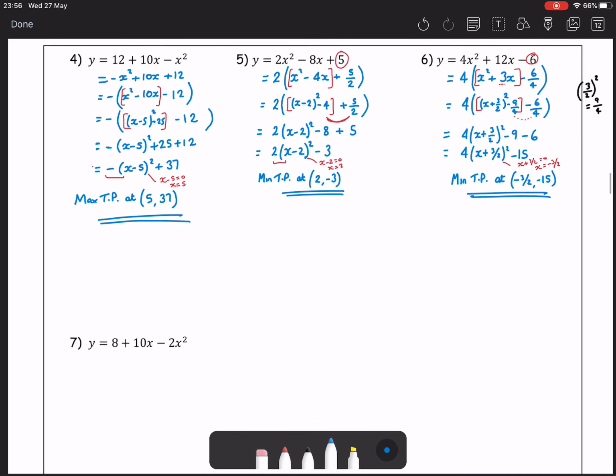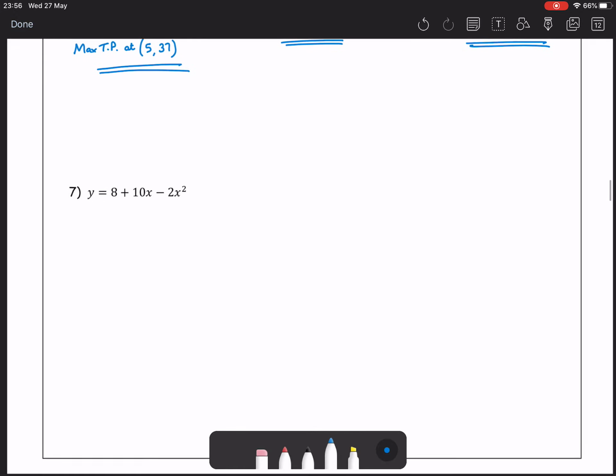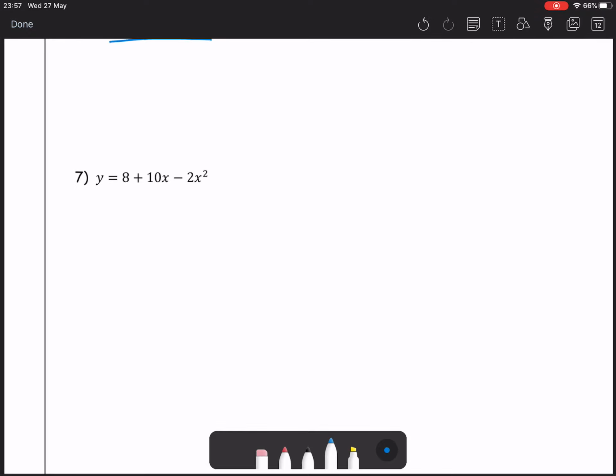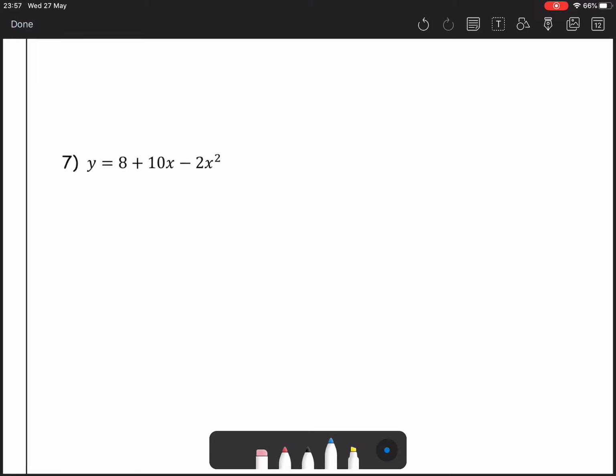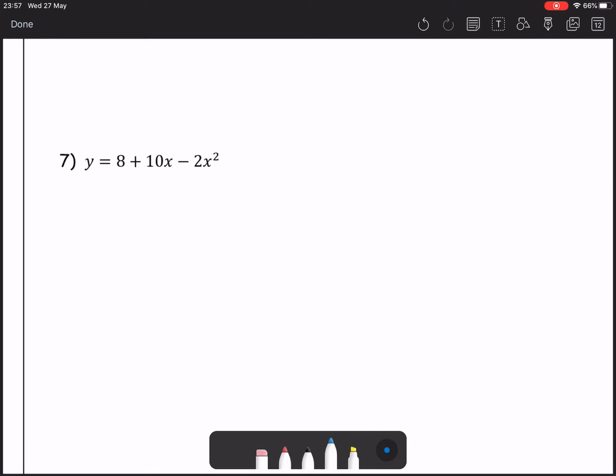Okay, and final example, we've got a combination. We've got a negative x squared and we've also got a coefficient of 2. So I'm going to rearrange that to get minus 2x squared plus 10x plus 8.